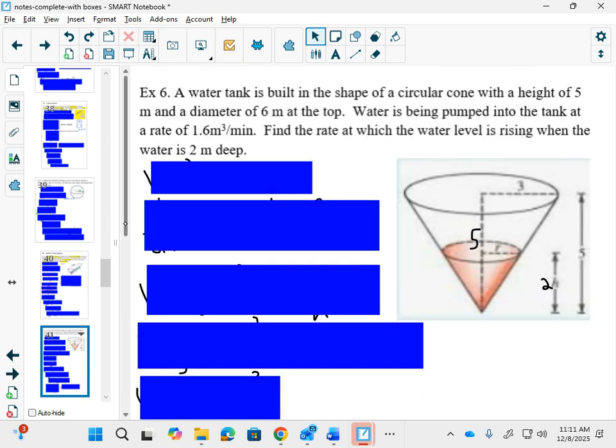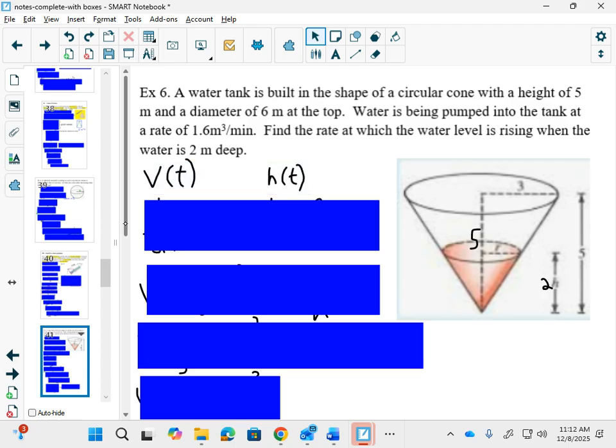So here is our second question, this time we have a cone. The water tank is built in the shape of a circular cone with a height of 5 meters and a diameter of 6 meters at the top. Water is pumped into the tank at a rate of 1.6 meters cubed per minute. Find the rate at which the water level is rising when the water is 2 meters deep.